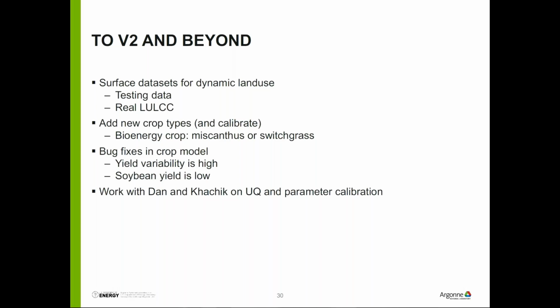One of the more pressing ones is generating new surface data sets so that we can start testing the dynamic land use that Gauton's been implementing. So there's two sources of data that we need to generate. One will be just testing data so that we have a variety of scenarios that we can throw at the model and see what happens and make sure that the model is behaving the way we expect it.